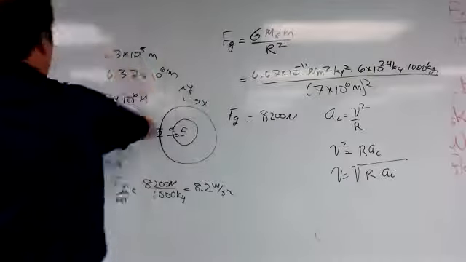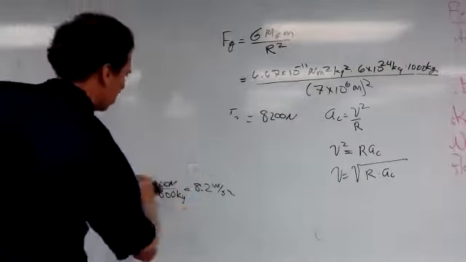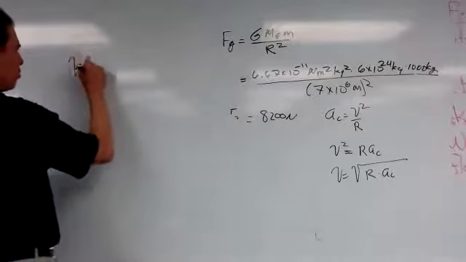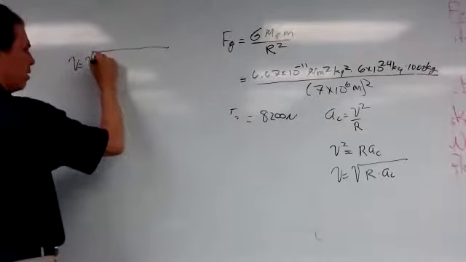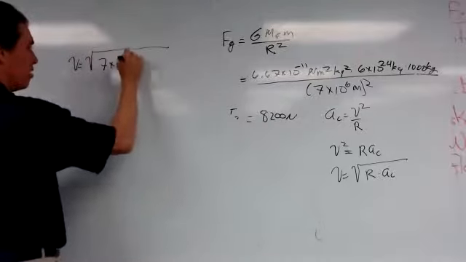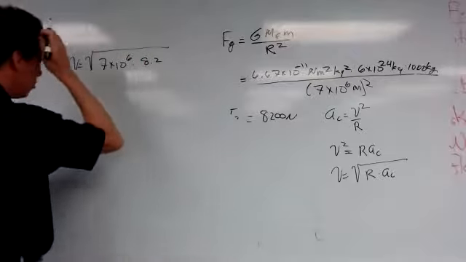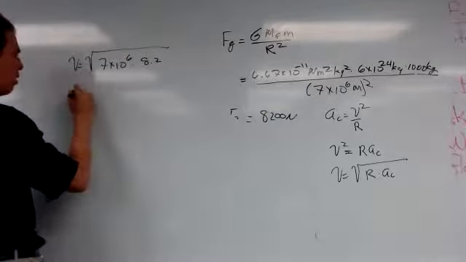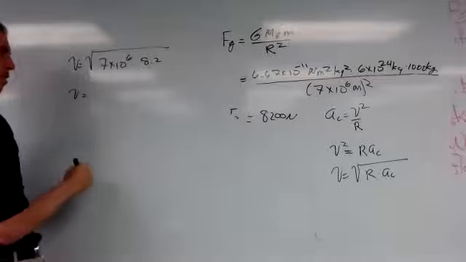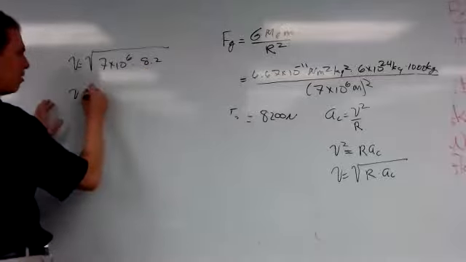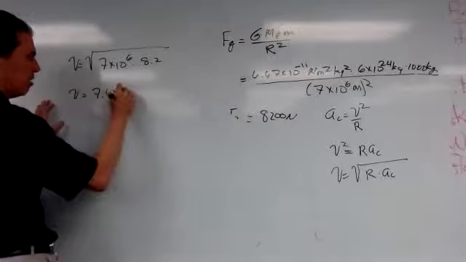I come all the way back over here, I get v is equal to the square root of 7 times 10 to the 6th times 8.2. It's the square root of 50-something, so it's going to be like 7.6 times 10 to the 3rd.